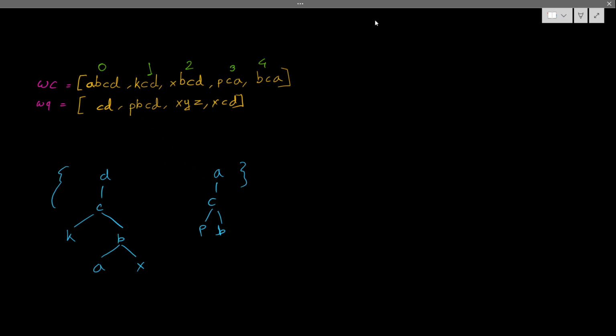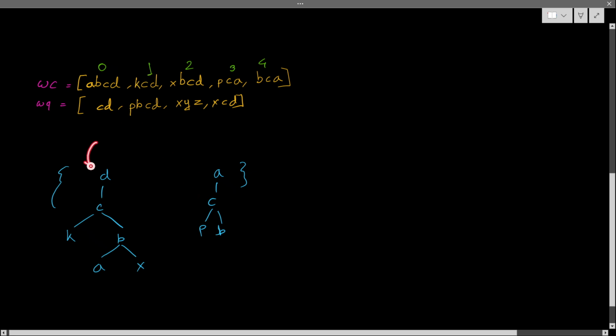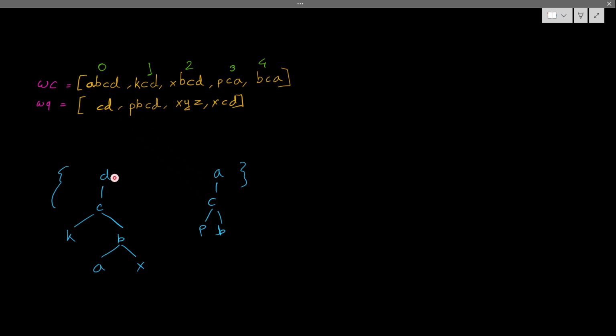Whenever we add the word, we will add the corresponding value as the index. The index means from which index we are getting this D. That we will store.